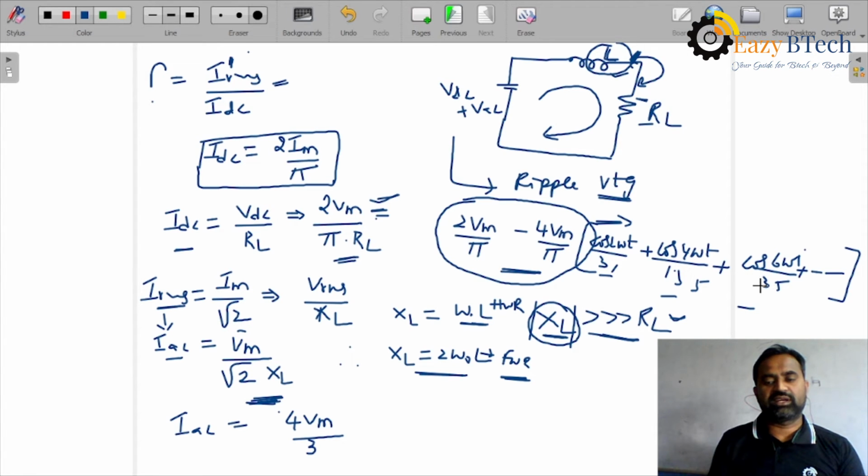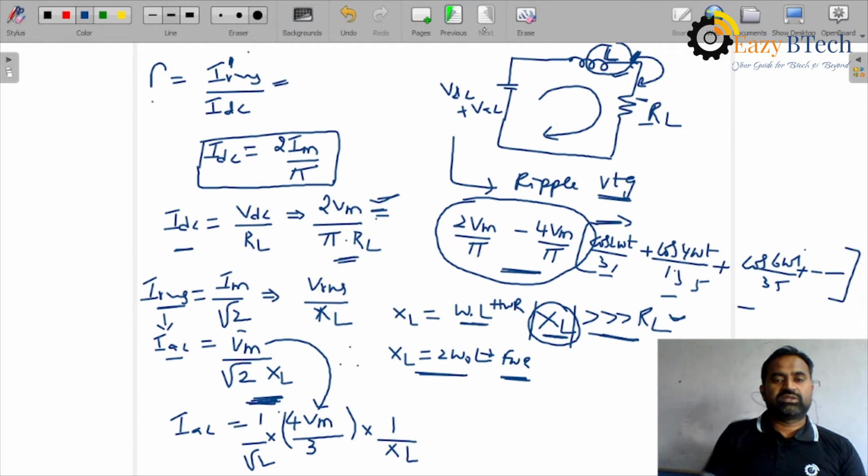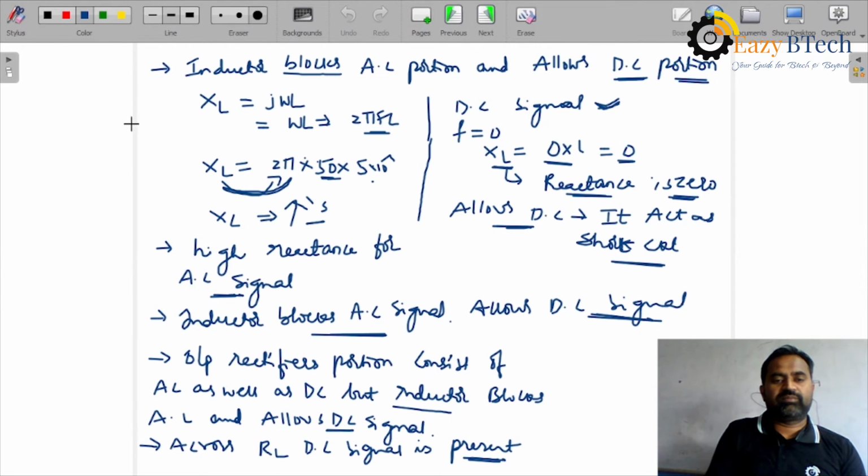Is it clear? Now we will write 4 Vm by 3 pi into 1 by root 2 into 1 by XL. Okay students, we will see in the next slide.